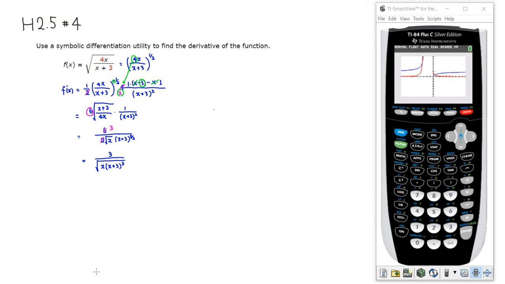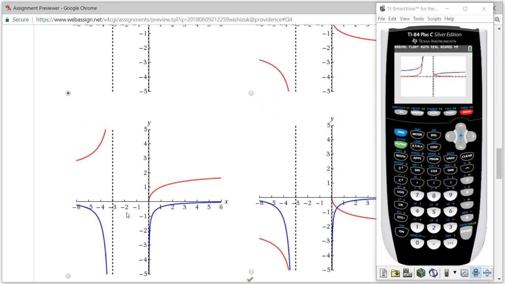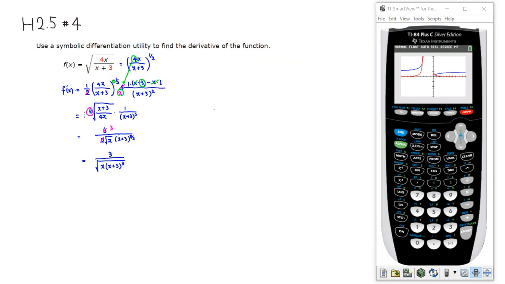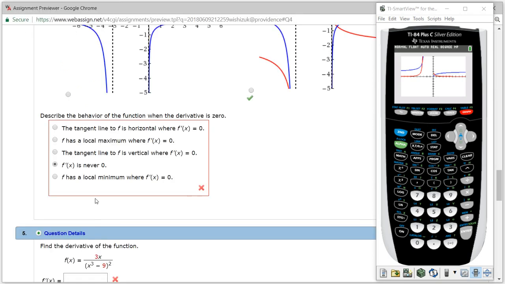Is there any other choice? I chose this one, maybe I should unclick that one. Tangent line is vertical, no. Oh, here, this is the right answer. f prime is never 0 in this case, because if you look at the formula, the numerator is 3, so no matter what x value you plug in, the derivative is never 0. So the answer is f prime is never 0.